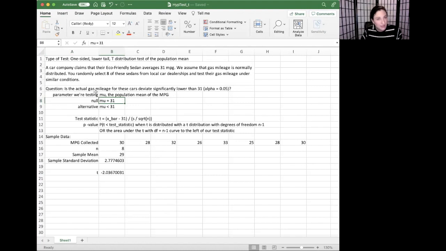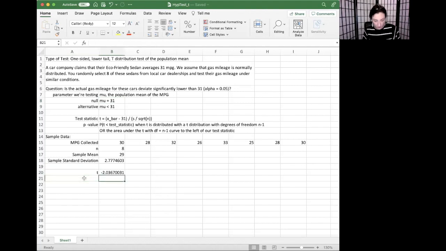This is the same idea. The probability of getting a sample mean, right? Because our sample mean is 29, which is far from 31. What is the probability of getting a sample mean of 29 when the mean is actually 31? That is what we're testing here, right?